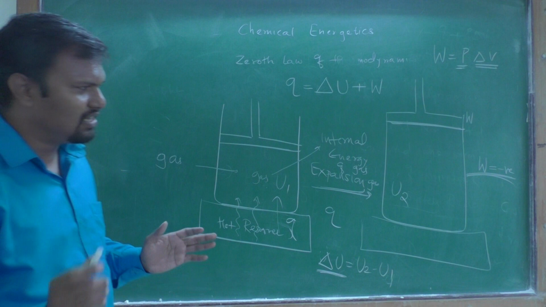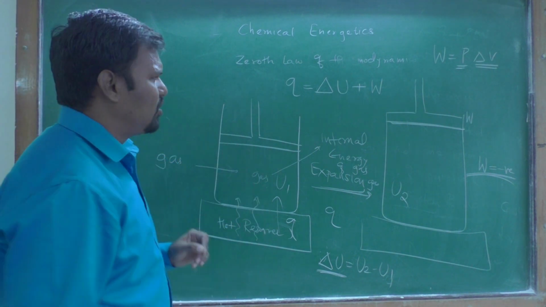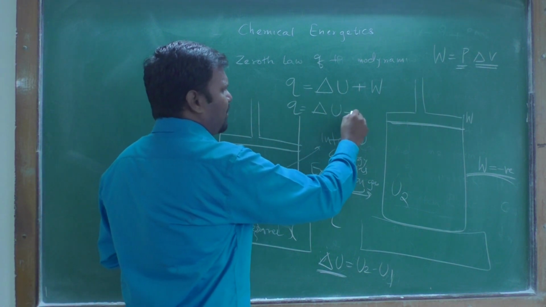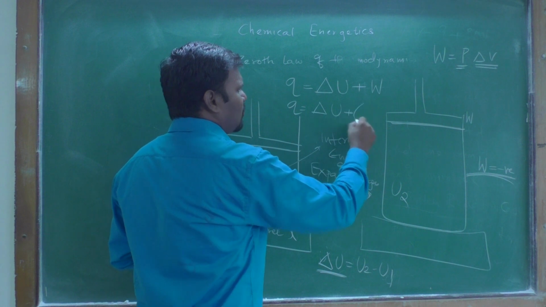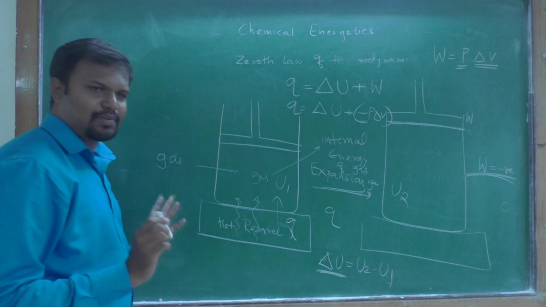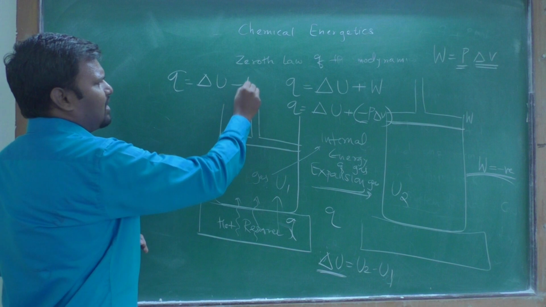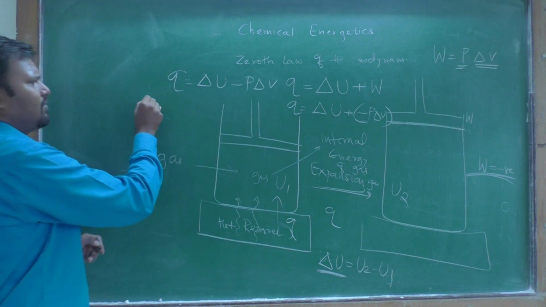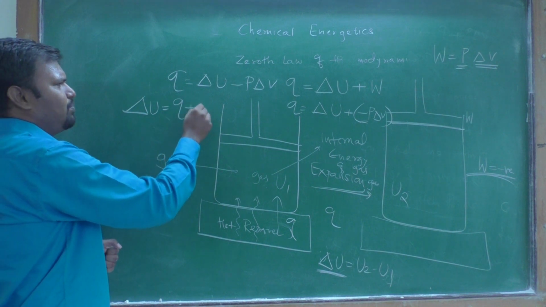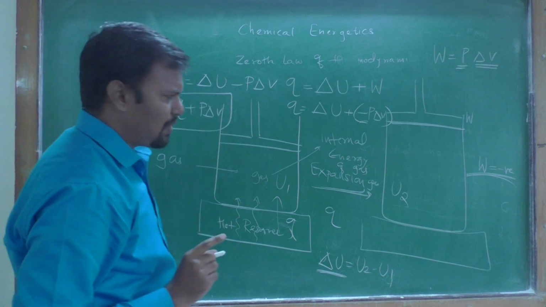Remember that when there is an expansion of gas, that work is definitely negative. Therefore, Q is equal to delta U plus the work, and P delta V is negative because there is an expansion. So Q is equal to delta U minus P delta V. Therefore, internal energy can be calculated as Q plus P delta V if there is an expansion.